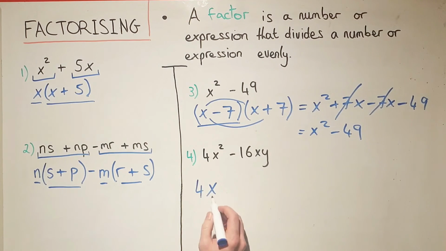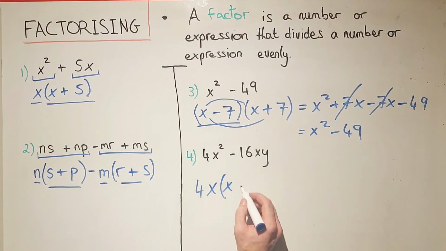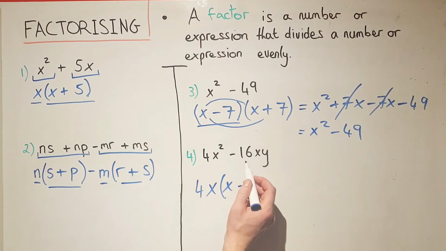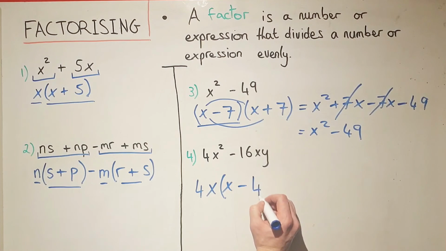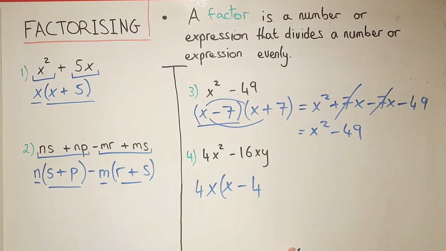So we can take out the 4x, and that would just leave us with a single x here, and then if I take a factor of 4 out here, we'd be left with 4. 4 by 4 is 16. We've removed the x from this expression, leaving us with y. So we have one factor in product with another factor.